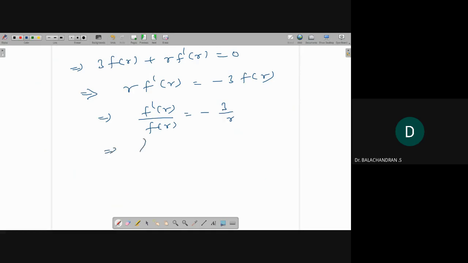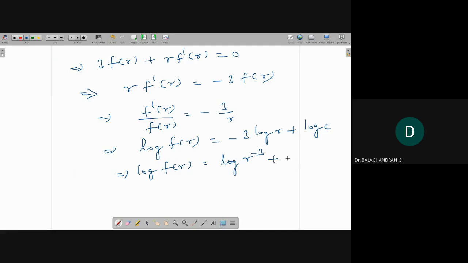If you integrate this one, you will get log of f of r equal to minus 3 log r plus log c, or this is log f of r equal to log of r power minus 3 plus log c, or this is nothing but log of r power minus 3 into c.